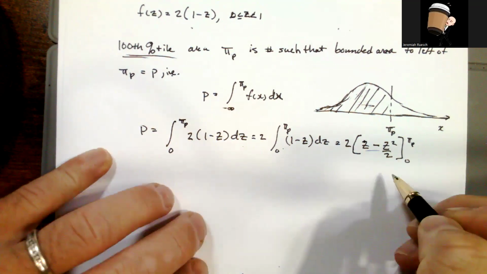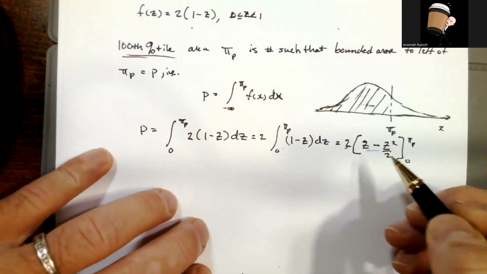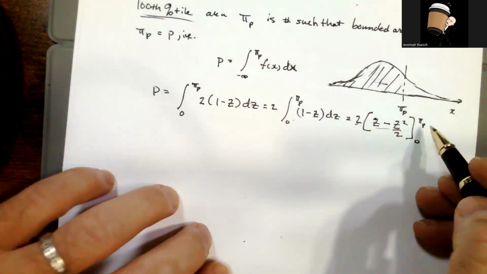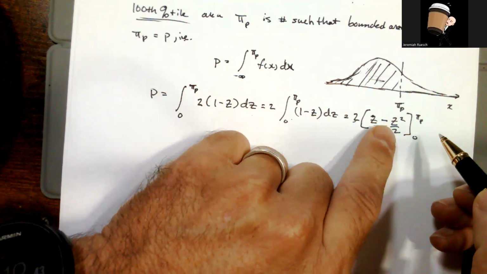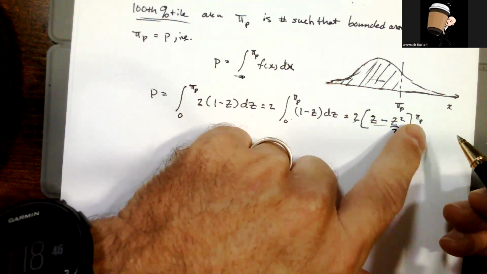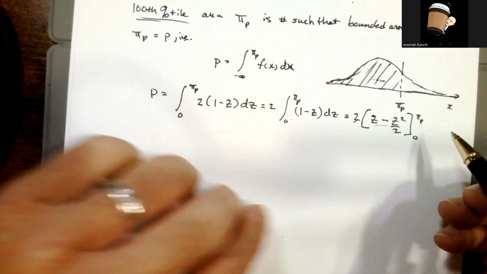Now I can distribute through with the 2, or I can divide by 2 on both sides. Notice that the bottom limit of integration doesn't play any effect on our value, since it's going to be minus 0 for the lower one. So I just need to plug in pi p directly, and I'm going to divide that by 2.